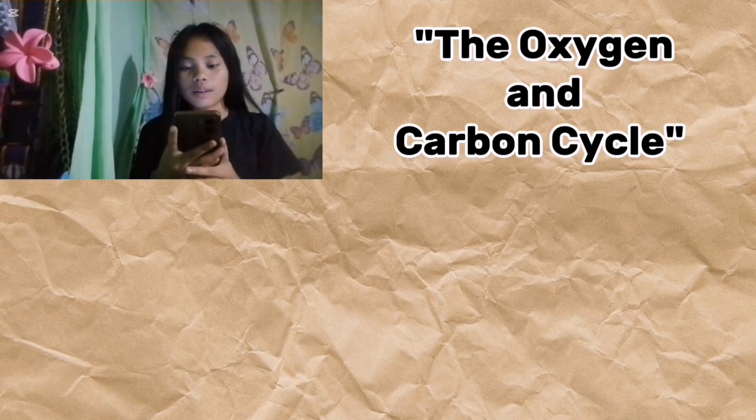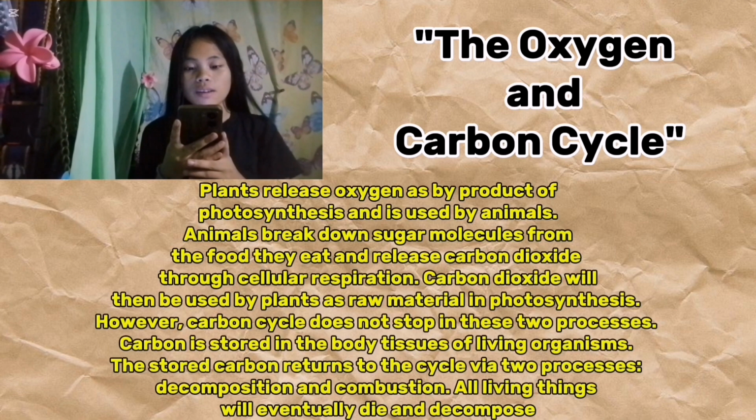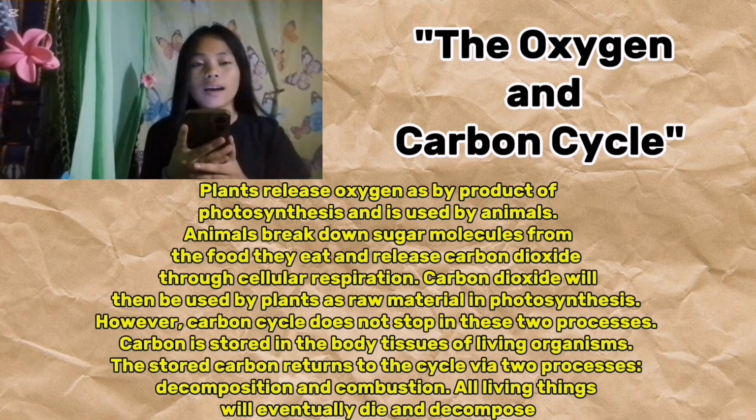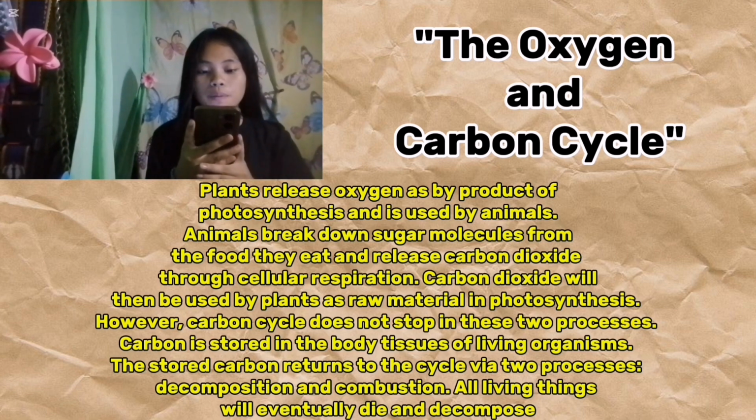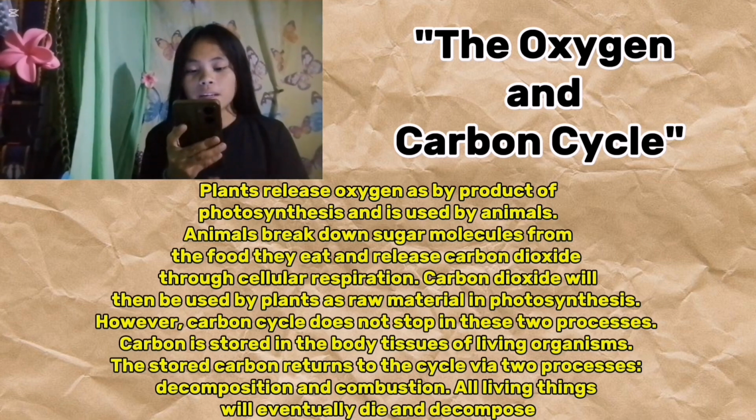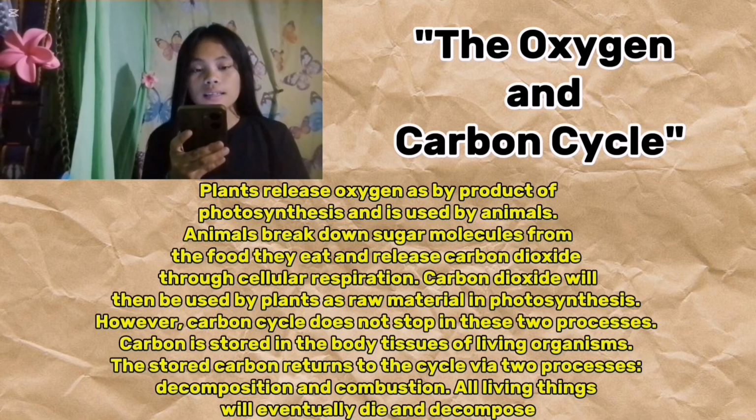The oxygen and carbon cycle. Plants release oxygen as a byproduct of photosynthesis, and it is used by animals. Animals break down sugar molecules from the food they ate and release carbon dioxide through cellular respiration. Carbon dioxide will then be used by plants as raw material in photosynthesis.